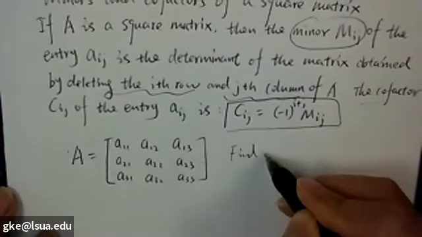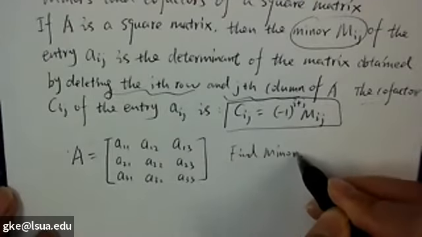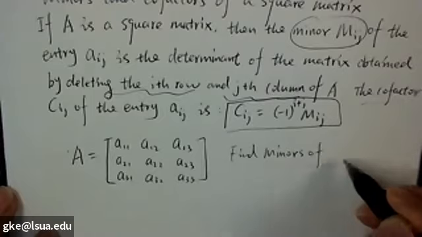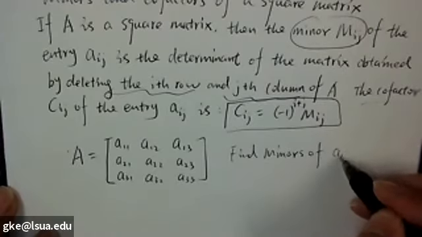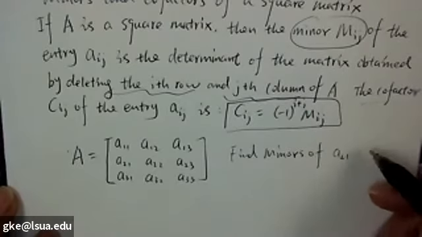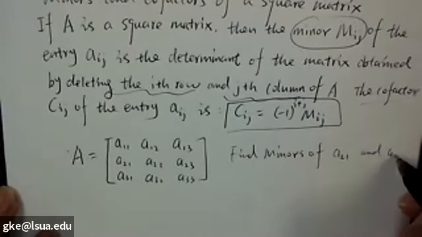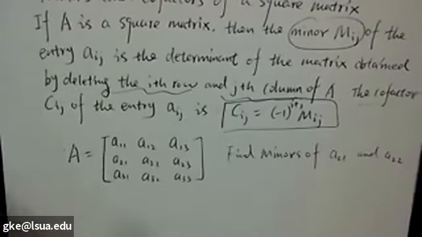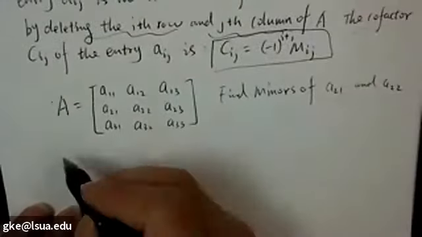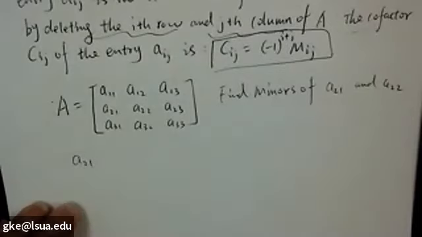Find the minors of A21 and A22. Okay, so what I'm going to do is based on the definition.